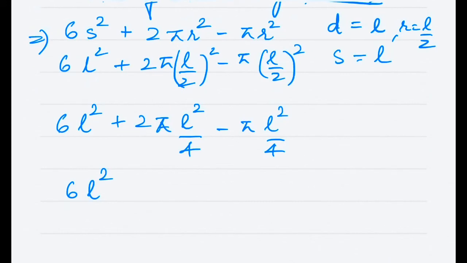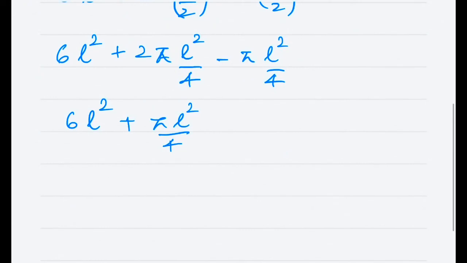So this I can write down as how much? Tell me. 2 minus 1, so I can write it as pi L square by 4. Now I can take the LCM, or I can take L square common, either way is fine.